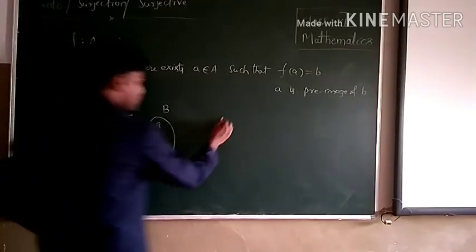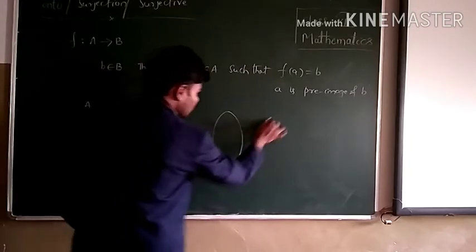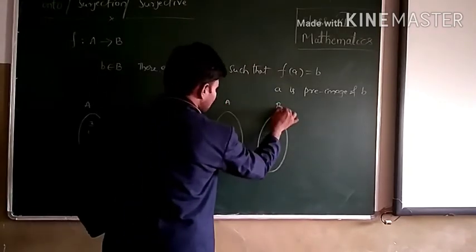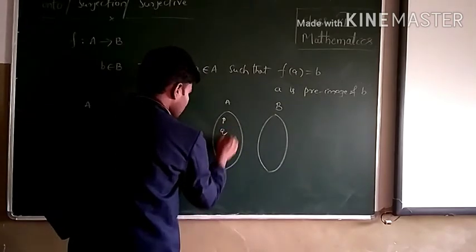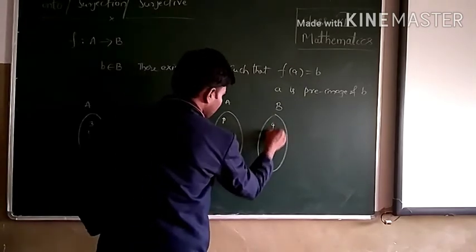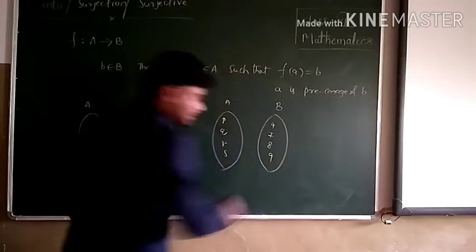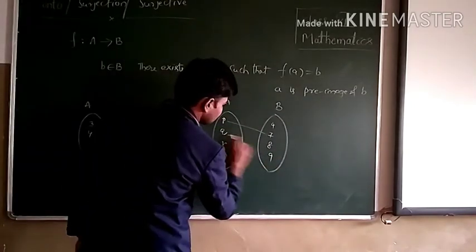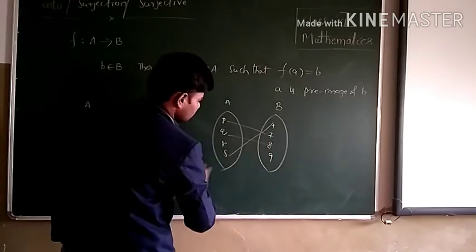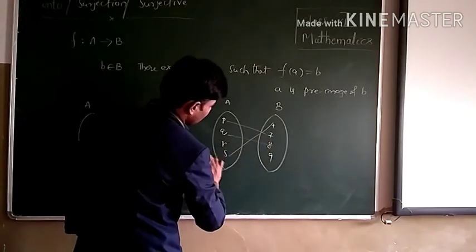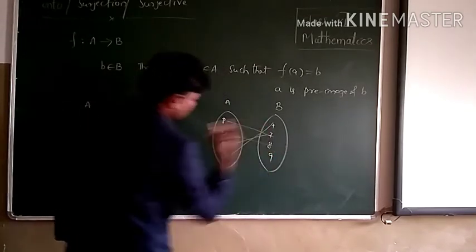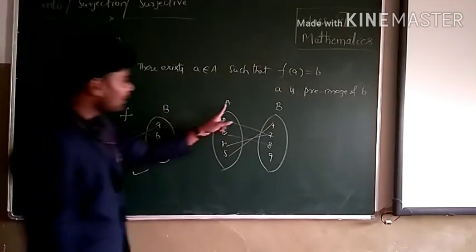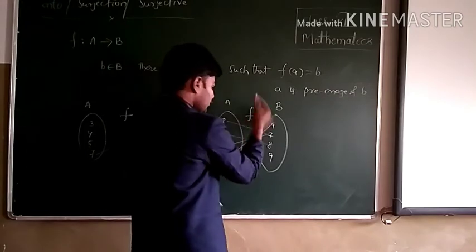If you consider one more example. Suppose this is A, this is B. So p, q, r, s and 4, 7, 8, 9 I consider. So here I map like this. This is the function f.